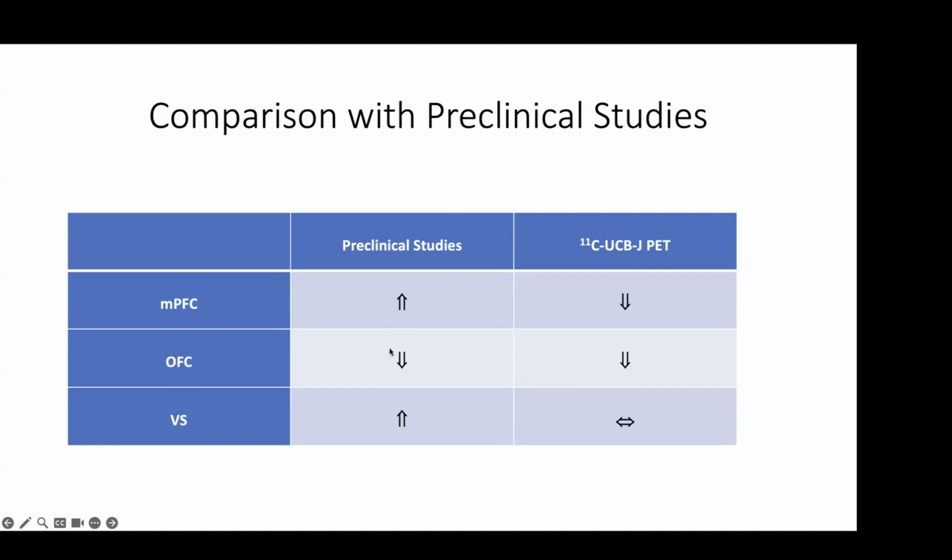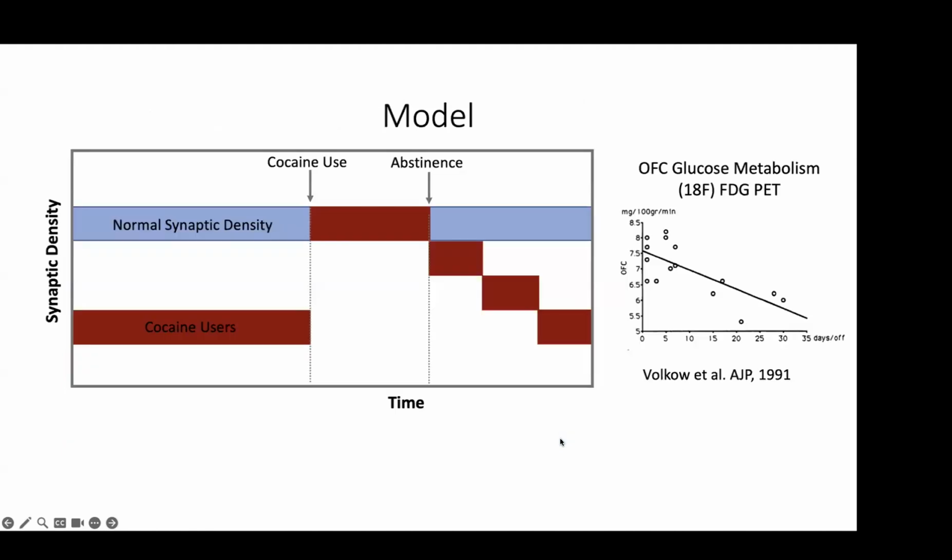Lower in the orbital prefrontal cortex preclinically, lower clinically, higher in the ventral striatum preclinically, no changes clinically.